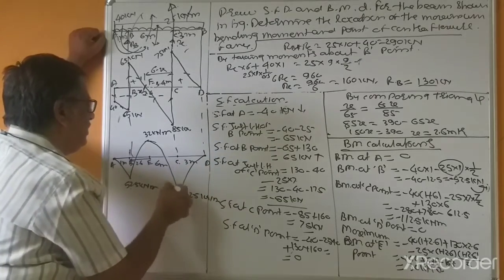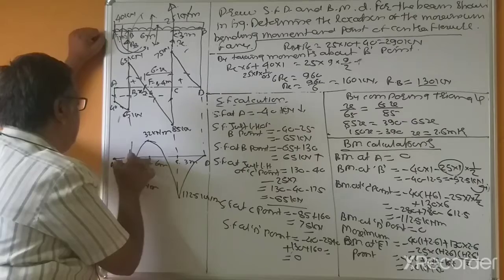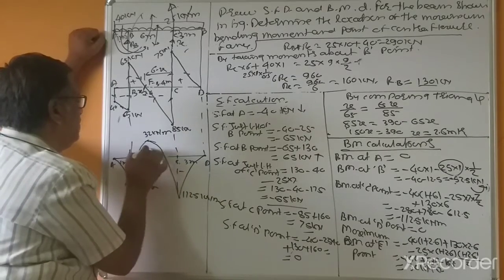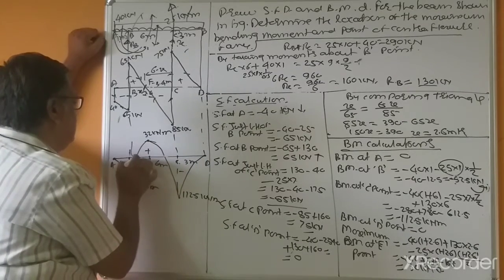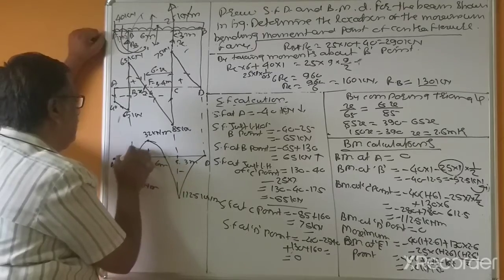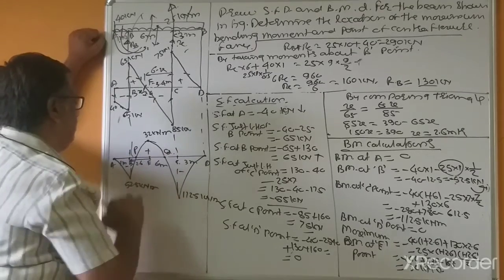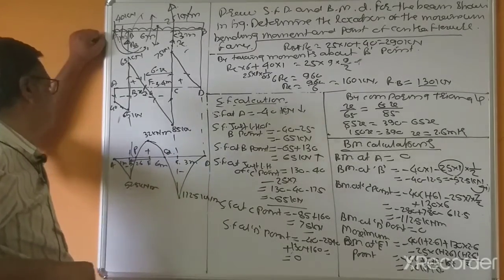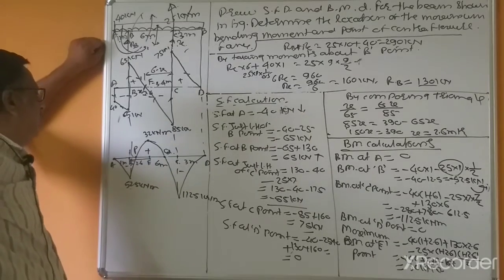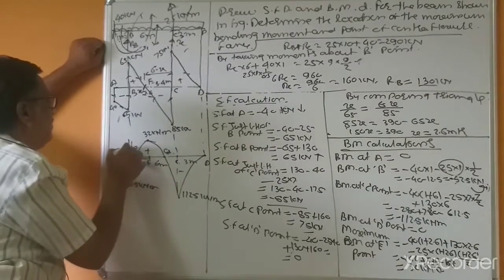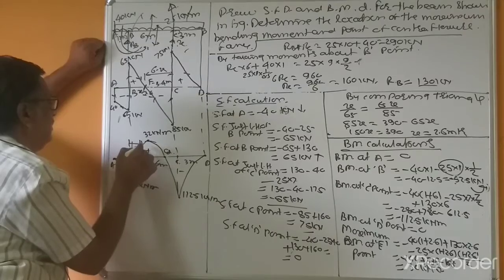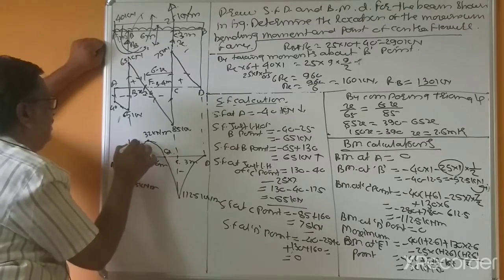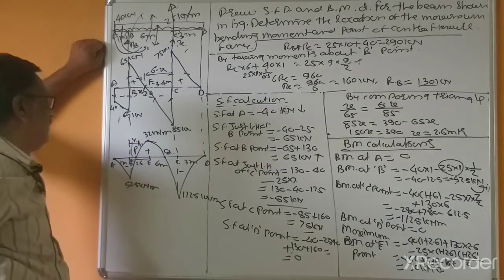So this is your negative, and this is positive. Now this point is the point of contraflexure, P and Q. So this distance, suppose, is the Y distance.